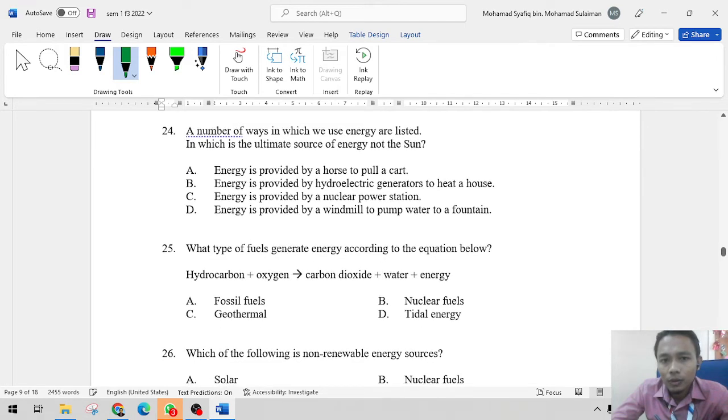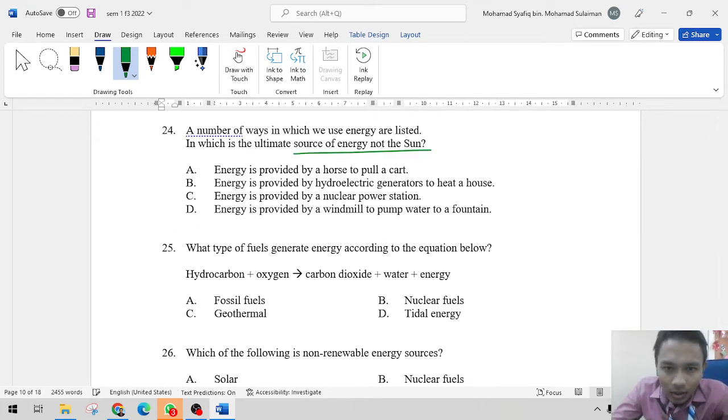Number 24, ultimate source of energy, not the sun. Horse is chemical energy from the sun. Hydroelectric, hydro is from the rain, also the sun.